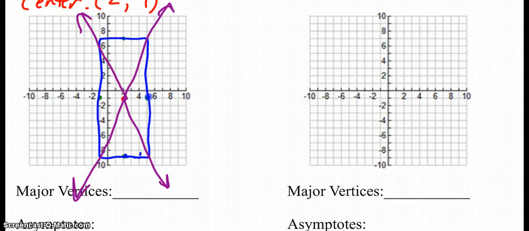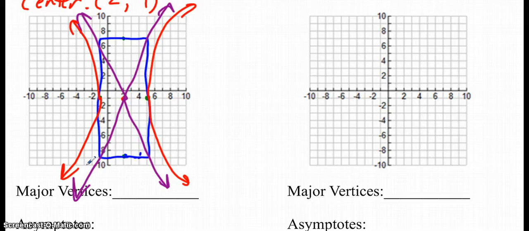So from the vertex here, it's going to curve along the asymptotes. From this vertex, curve along the asymptotes. So what I want to point out is the red curve is the only thing that's actually the hyperbola there. Everything else was just used to come up with that curve.